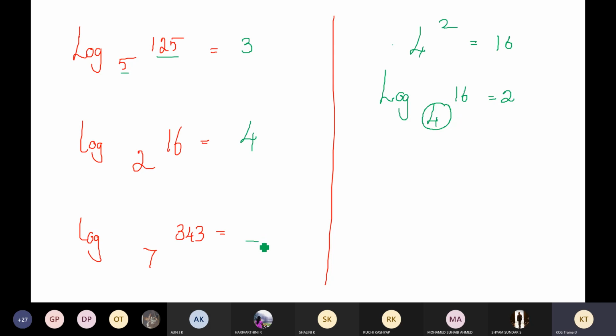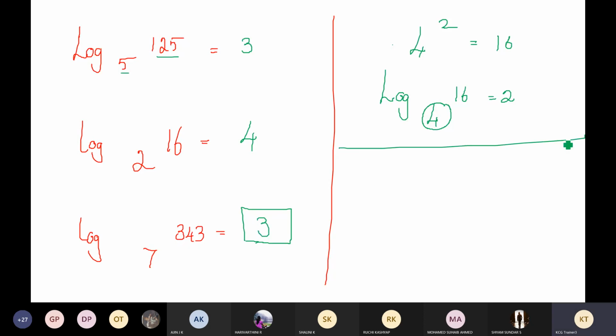Similarly, can you guys tell me what will be the answer here? Very good, yes. Super, guys. Deepthi, Nitesh and Harivardhani. Very good, Radha. Yes, guys. So here, the answer would be 3.